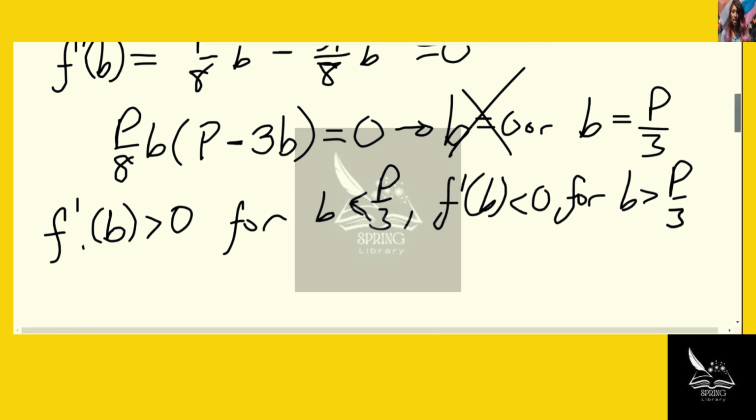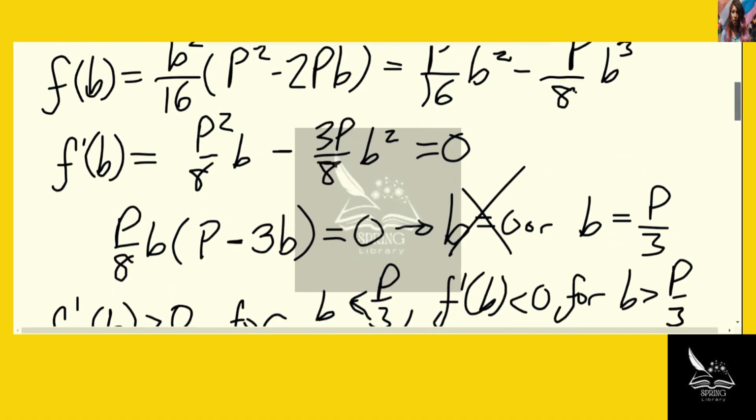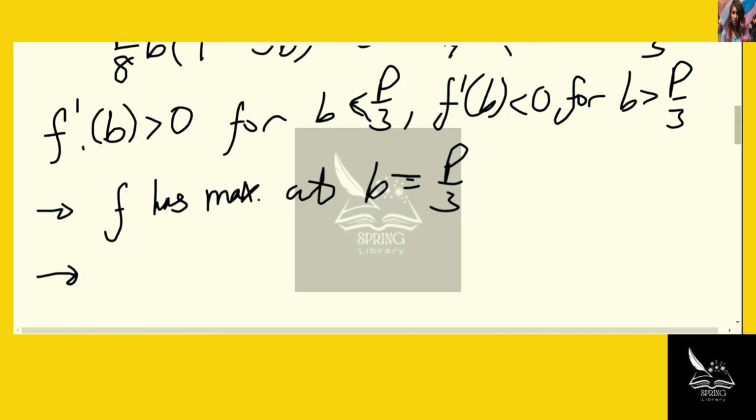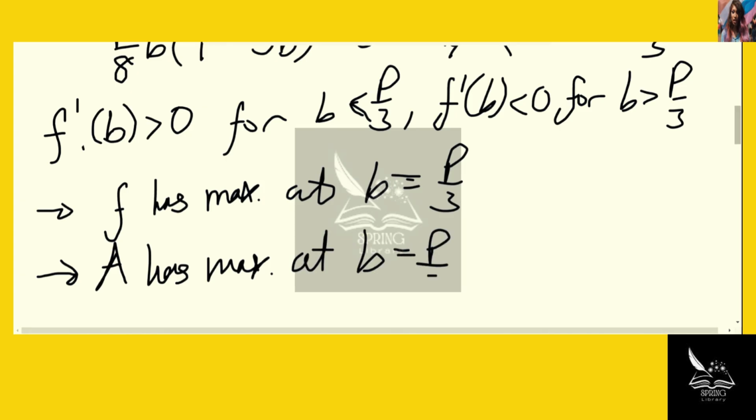You can see this from our factorization of F prime of B. Therefore, it follows that F has a maximum value at B equals P over 3. By our previous discussion, it follows that A also has a maximum value at B equals P over 3.